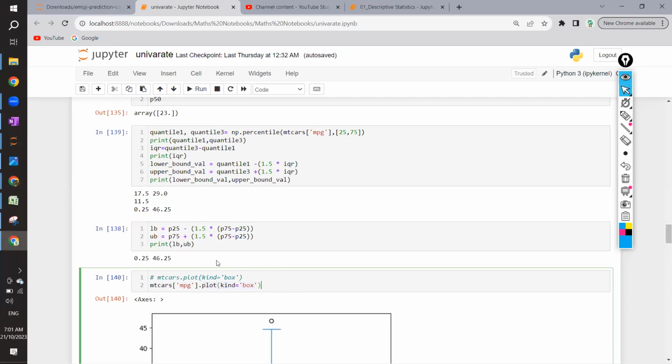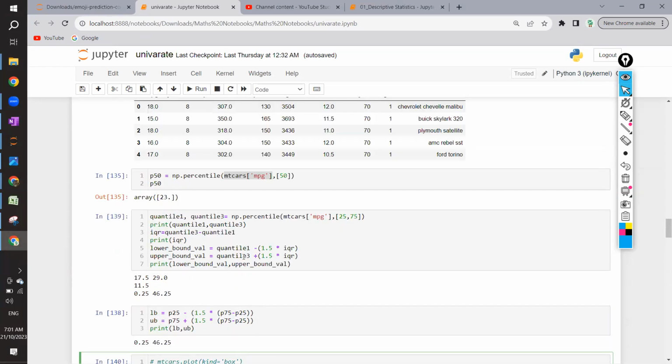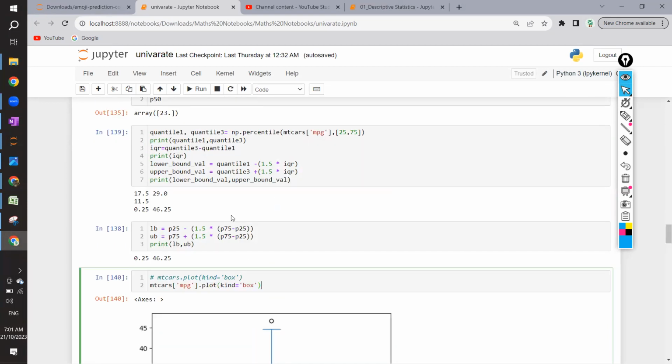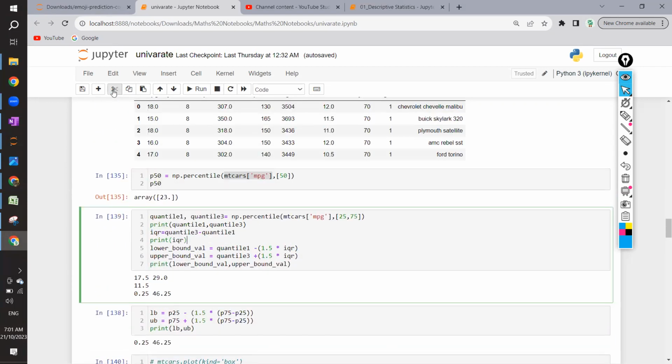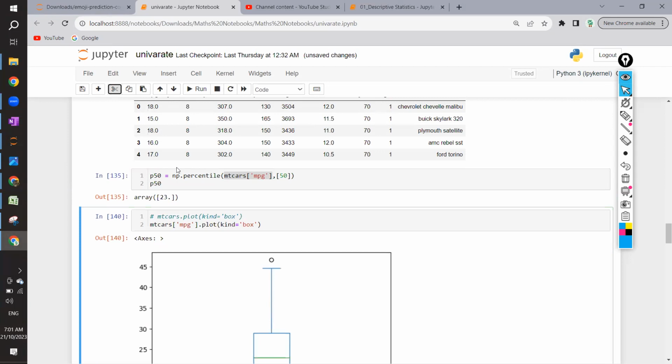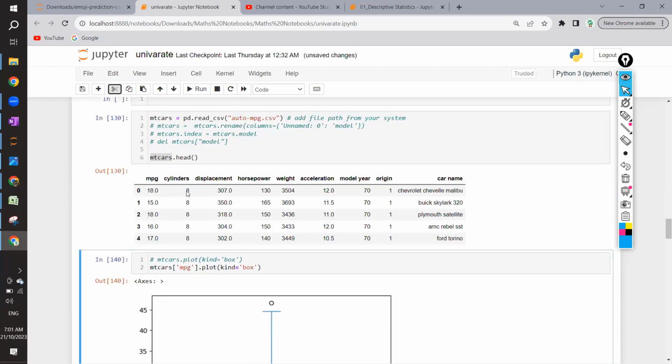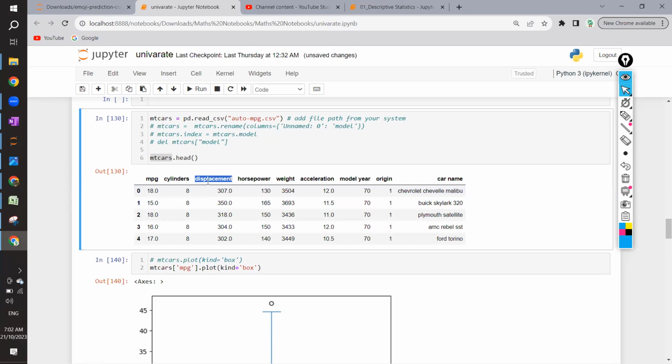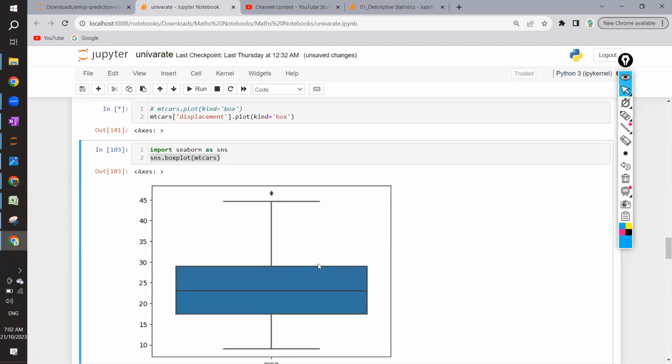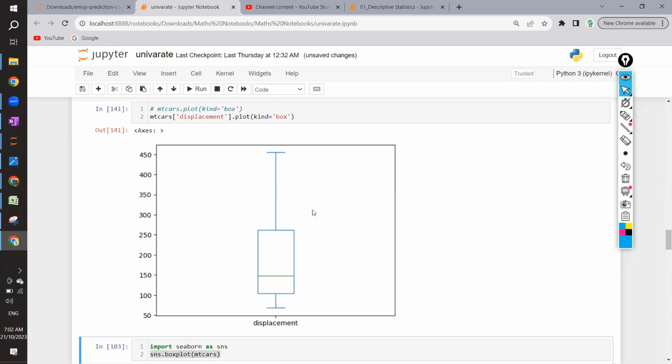So that's how you can plot using the dot box plot. Simple. But you don't actually need to do all this; I've just shown it to you. Let me take displacement, go over here, plot it. That's it. There are no outliers for displacement.